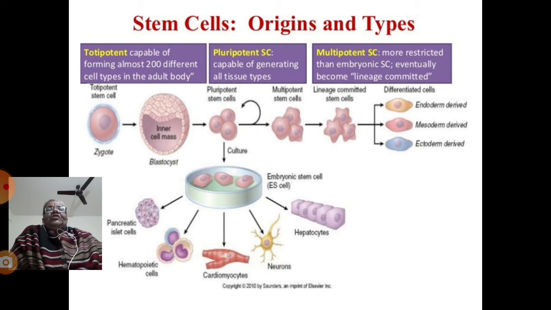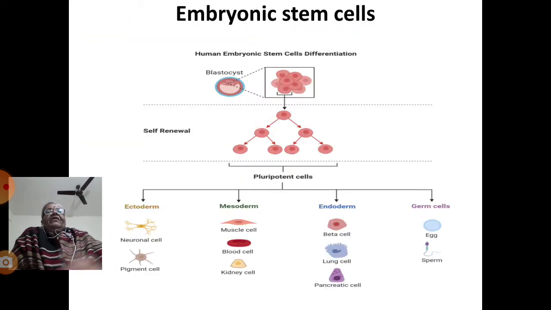This classification is based on their percentage of potency to differentiate into the other types of cells, okay? Origins and types. Then we shall talk about embryonic stem cells.